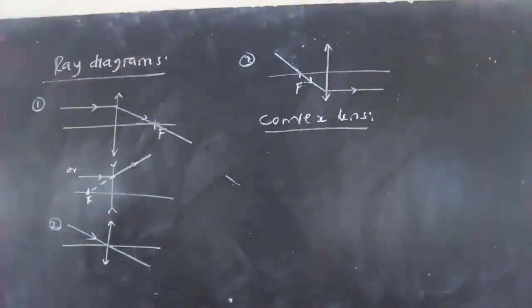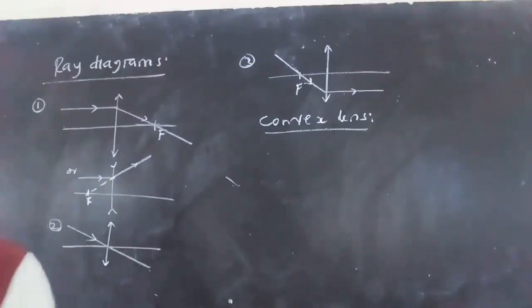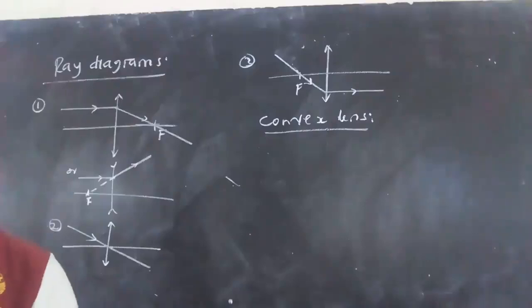We move on. Next, we shall say uses of concave lenses. They are used in spectacles for short-sighted people. They are used in Galilean telescopes.